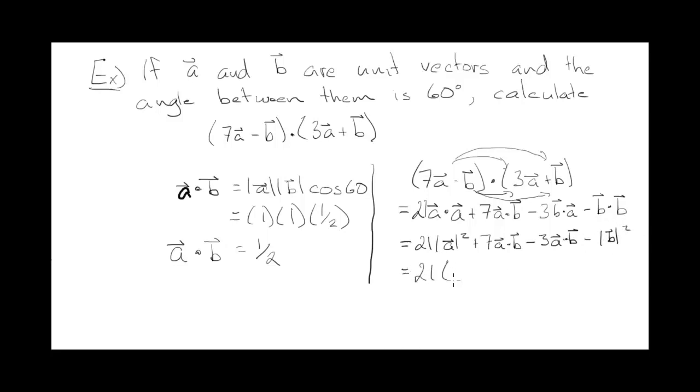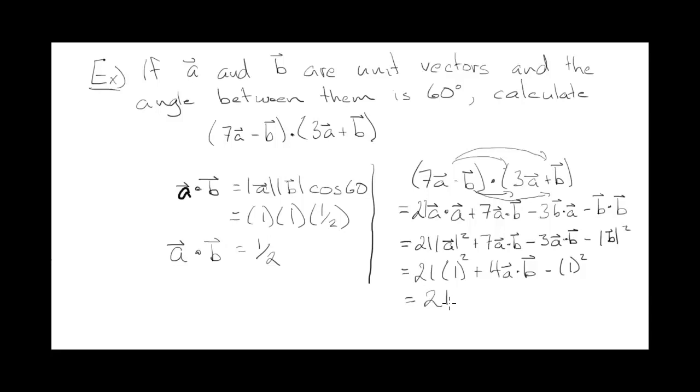So now I have 21 magnitude of A squared, remember that's 1 squared. 7A dot B minus 3A dot B, those are like terms. That'd be 4A dot B minus magnitude of B squared, that's 1 squared because it's a unit vector.